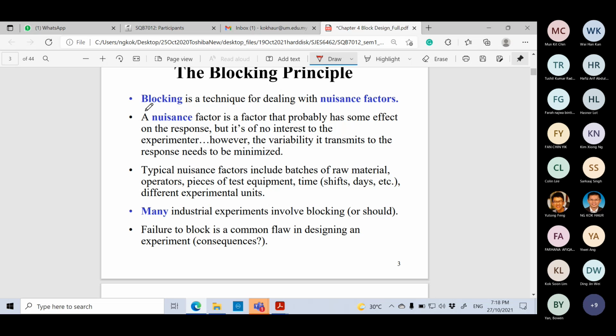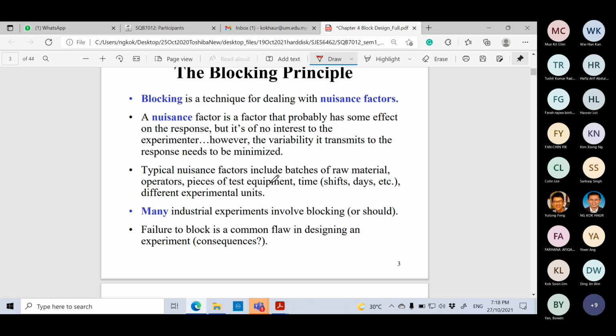So we use blocking to eliminate it or try to minimize it. Or take the operator: you cannot avoid it, you can have so many operators, and all of them must give you the same results. So the operator is also one of the nuisance factors.